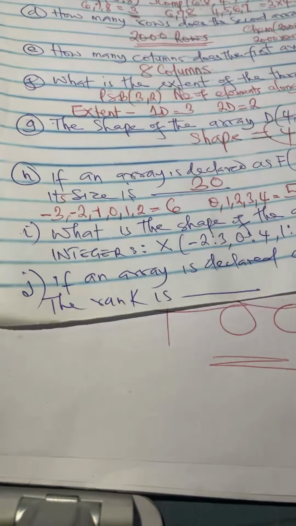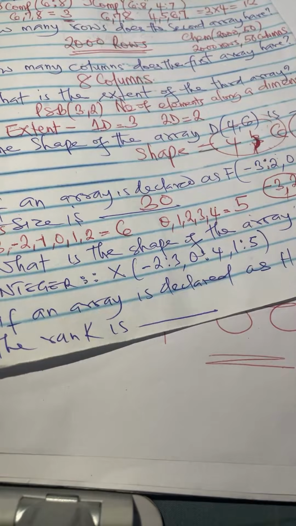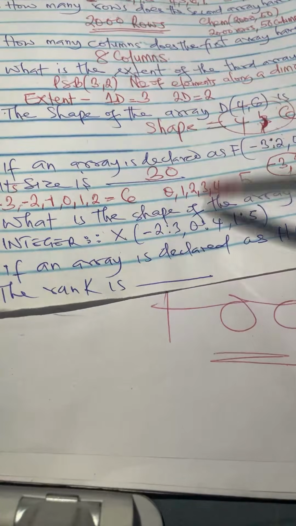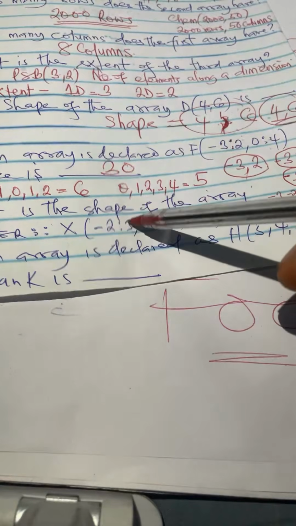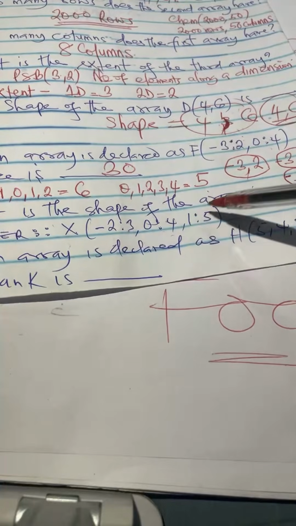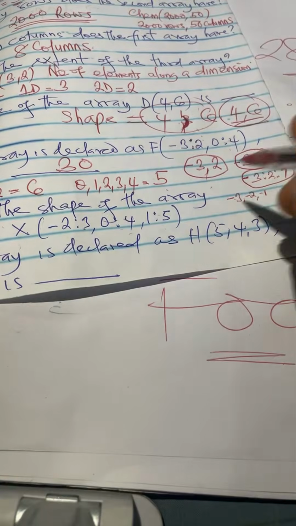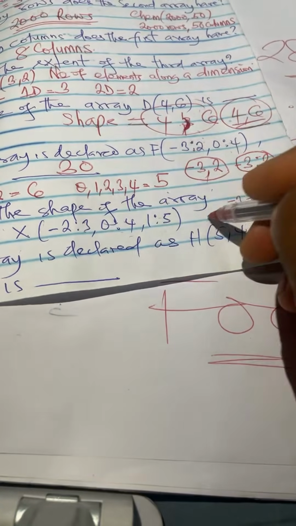Okay, now moving forward. Let's look at I. The question is, what is the shape of the array integer x(-2:3, 0:4, 1:5)? The shape of this array is simply exactly what is inside here, which is -2:3, 0:4, 1:5.